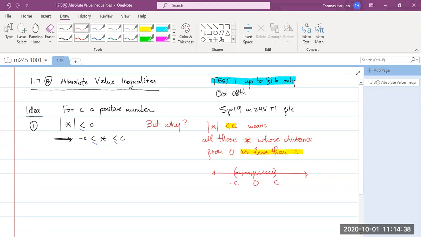So the blah can be anywhere in this interval. Now it means the blah must be greater than negative c, less than c. Of course, like what I said before, if this has an equal sign, then this has an equal sign, and this becomes a bracket instead.